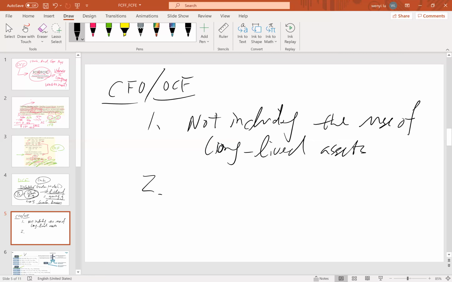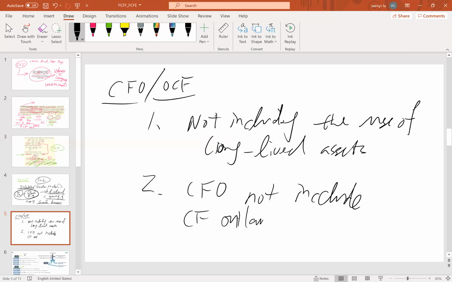And also the cash flow from operations does not include the cash flow outlays. For example, you replace the old machine with the new machine.